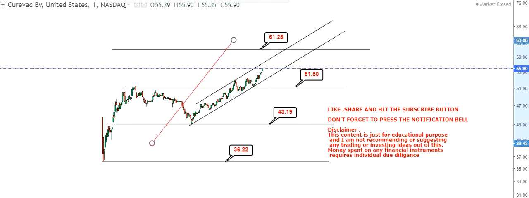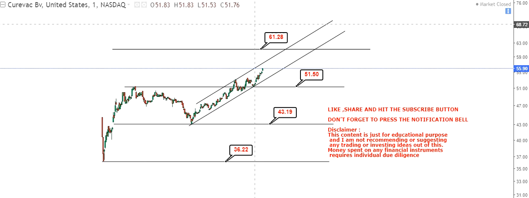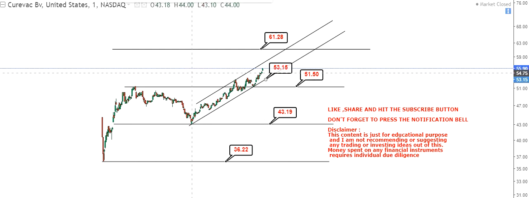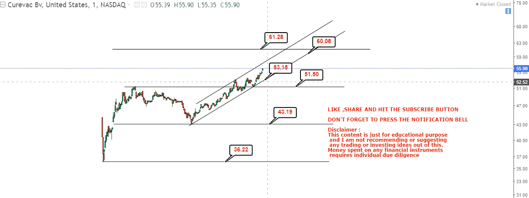I'm not going to go beyond 61.28 unless the stock price says so. But if the stock stays within the range or within the trend line, then this entire range of 53 to 60 is your support level, and the stock will move inside this trend. And in case of any breakout, your immediate target level is 61.